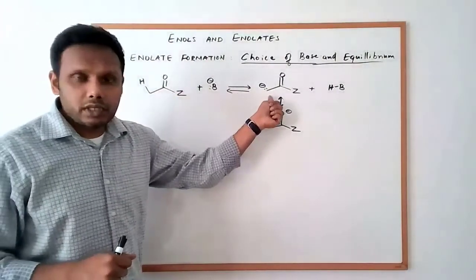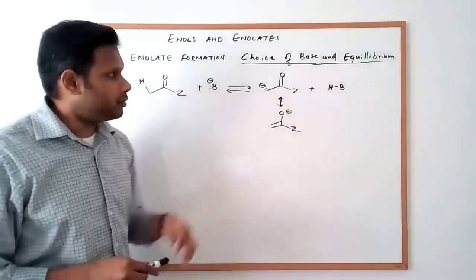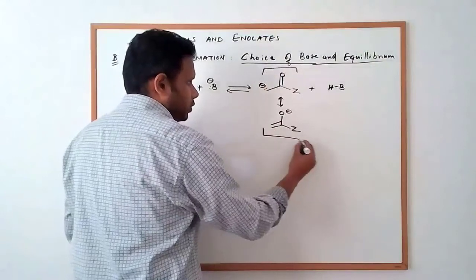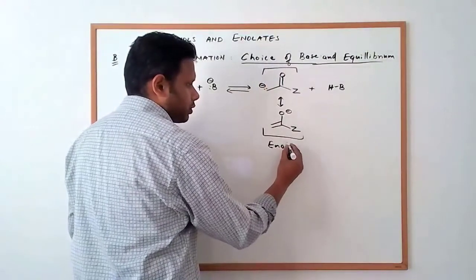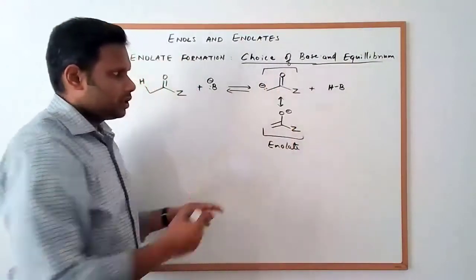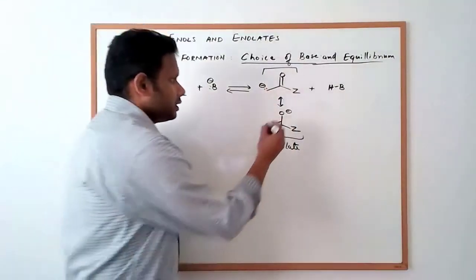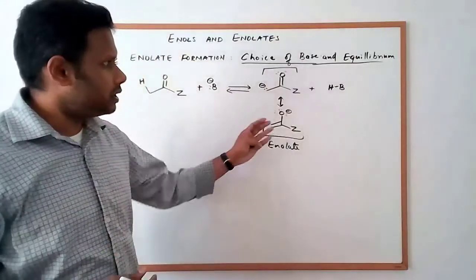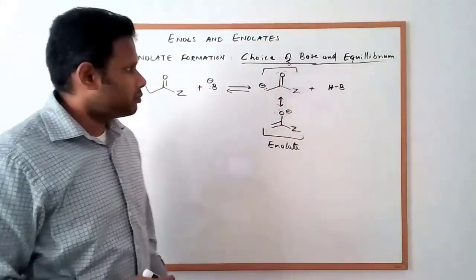This can give you the enolate, which is resonance stabilized. So we are showing resonance over here. What you want to remember is that both of these structures represent the enolate. They are both different ways of showing the enolate, plus the protonated base.